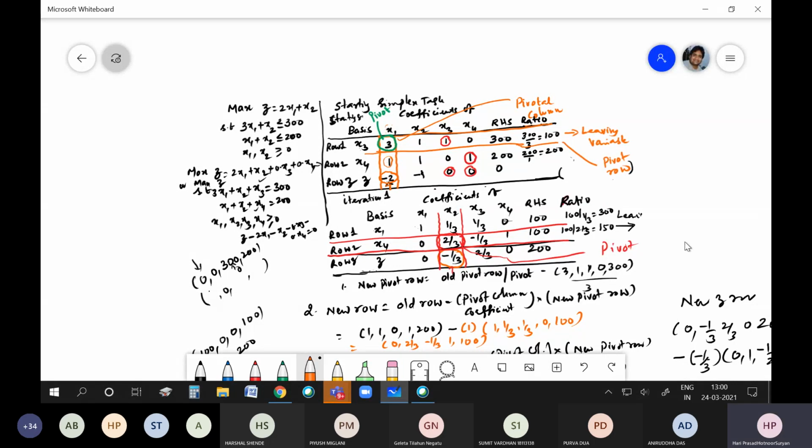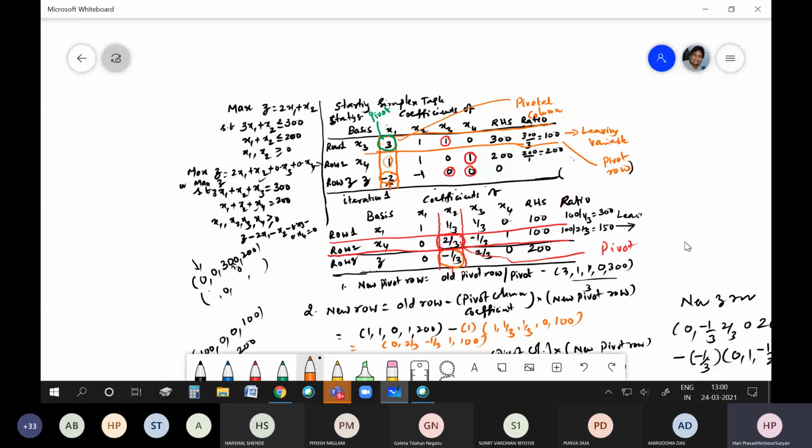First of all, when do we say that we still have not reached the maximum? The coefficients of non-basic variables in the Z row, if they are negative, that means we have not reached the optimum. So we need to do an iteration.